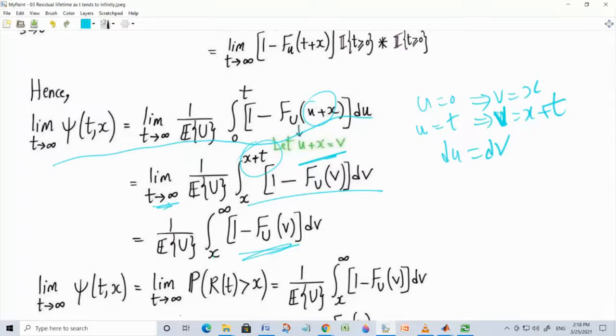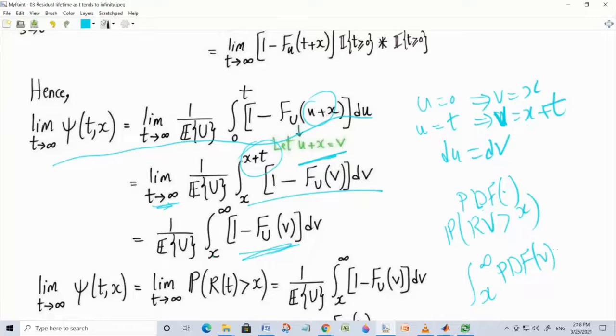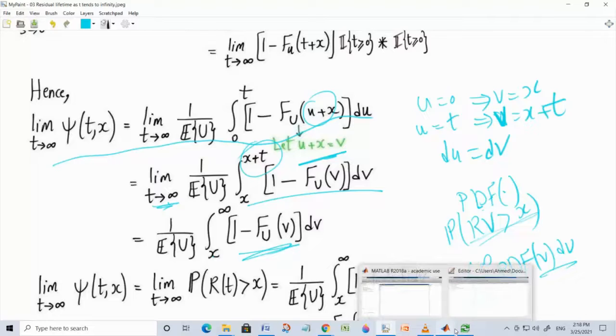It's the PDF, right? So if you have a PDF, now you ask yourself, what is the probability that my random variable is greater than x? Well, it's the integral from x to infinity of the PDF, and then you choose any dummy variable of integration, dv. This will give you the complementary CDF.